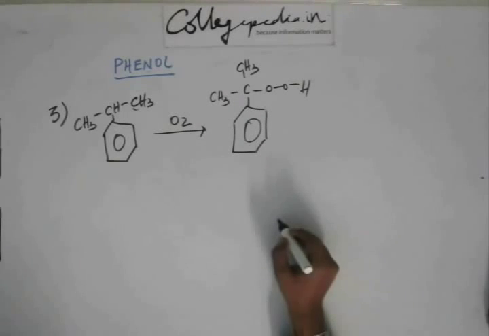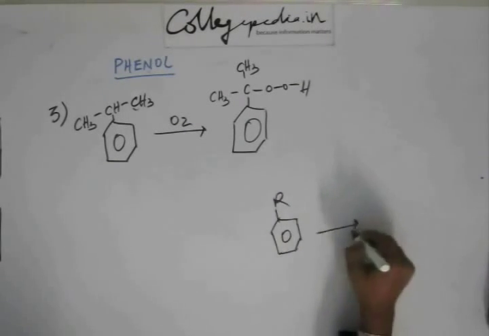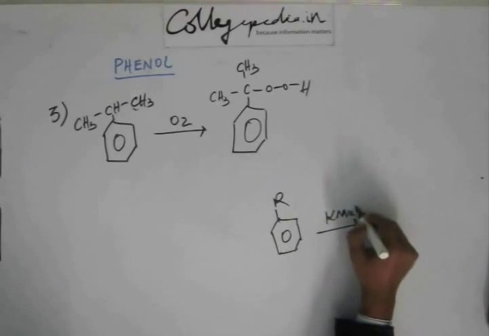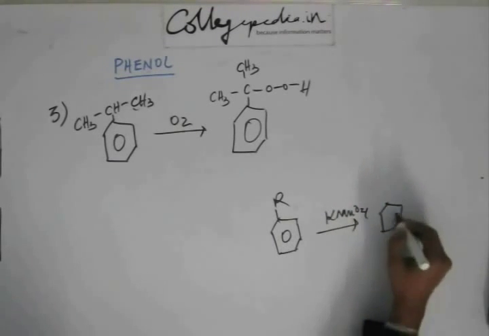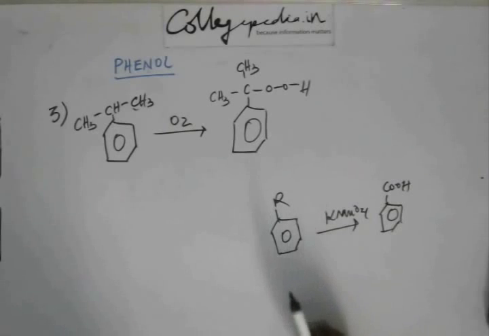Now, in the chapter of hydrocarbon, we studied this kind of reaction: when you have an R group on benzene and you add KMnO4 to it, no matter what that R group is, you always get carboxylic acid, you always get benzoic acid. This is the oxidation reaction of alkyl benzene that we studied in the chapter of hydrocarbon.